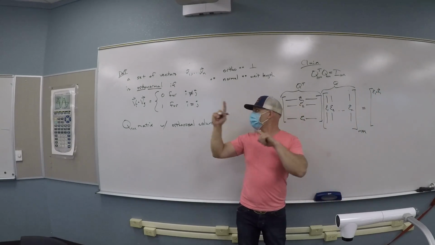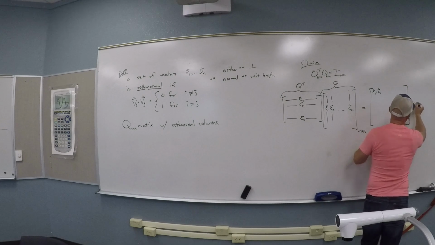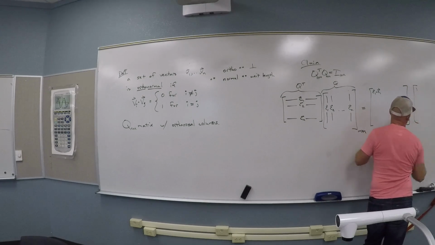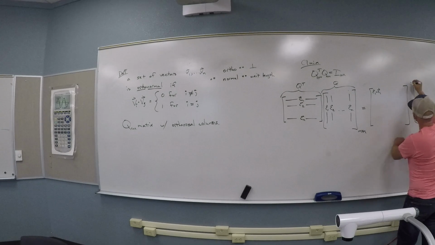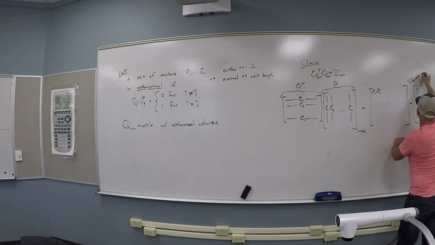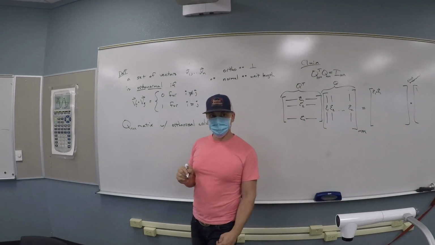Because it's an orthonormal set, I can skip ahead. So this equal sign is really since the set of column vectors is orthonormal.